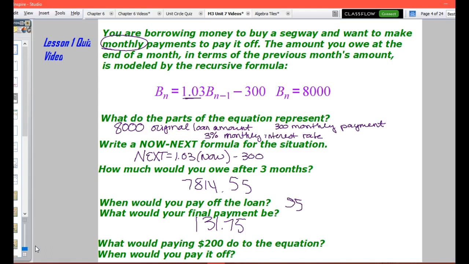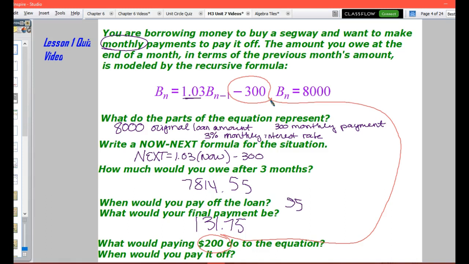Okay, so our final part here says, what would paying $200 do to the equation? Well, of course, that's just going to change. If I want $200 to be my monthly payment instead of $300, that's probably not a good idea in terms of my bank account because it's going to cost me more interest. But that would just change that $300 to a $200, and it would help me pay it off, but it wouldn't pay off as quickly.